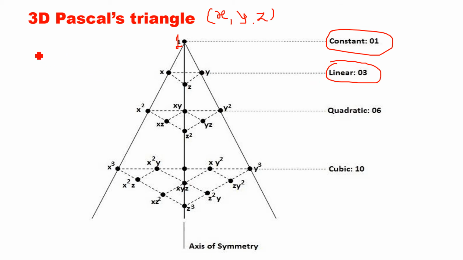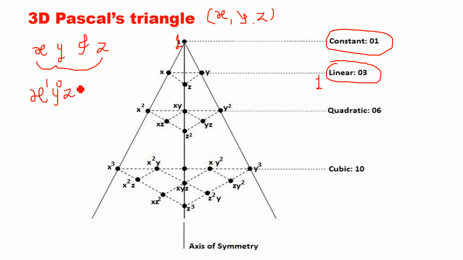So we have to identify combinations of x, y and z such that the sum of the powers of all these three variables is equal to linear, meaning 1. The sum of powers is equal to 1. So which are the probable combinations among these three variables so that the sum of powers is equal to 1? Those combinations are x raised to 1, y raised to 0 and z raised to 0.